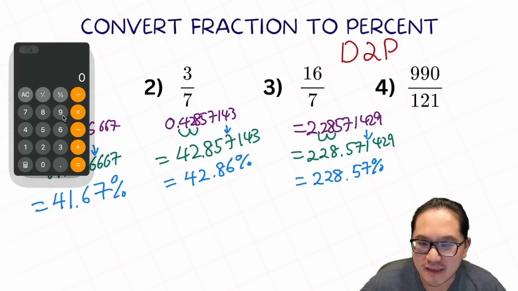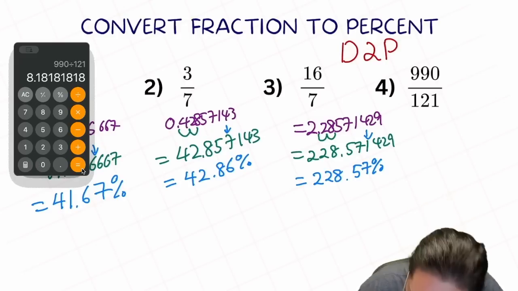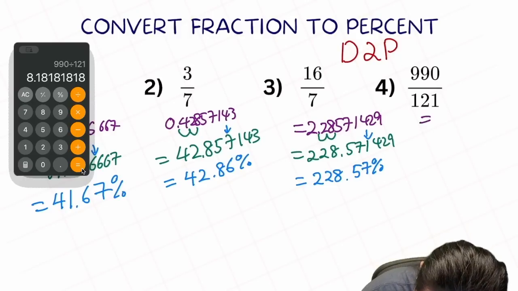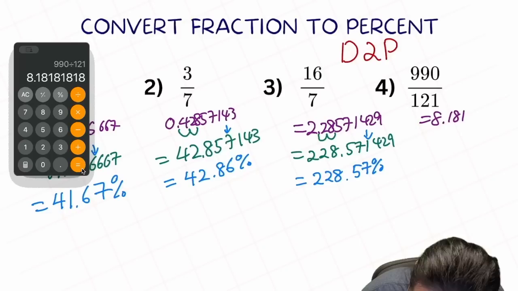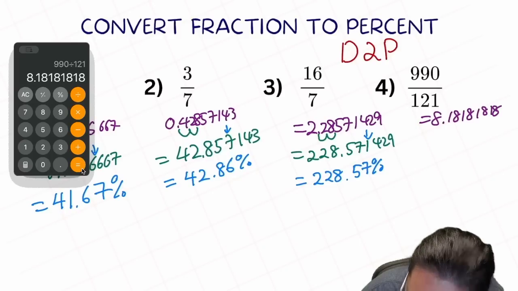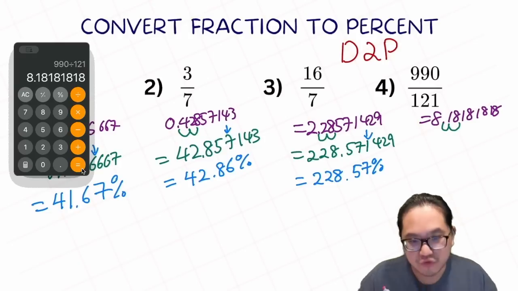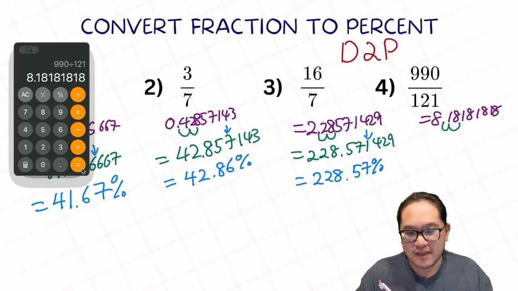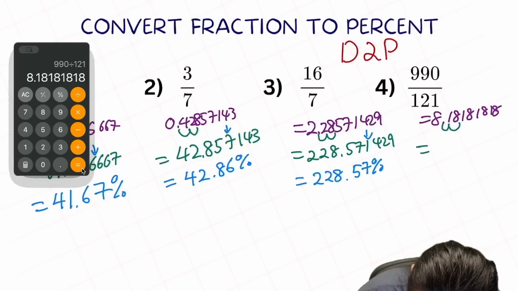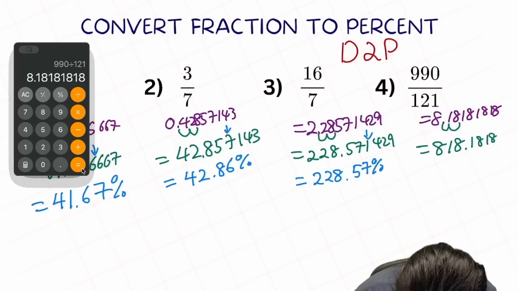So now for our last one, we got 990 over 121. So using our handy dandy calculator, 990 divided by 121 is equal to 8.18181818. So now, using the mnemonic, we're going to move the decimal 2 times to the right to convert a decimal to percentage, we will get 818.181818.